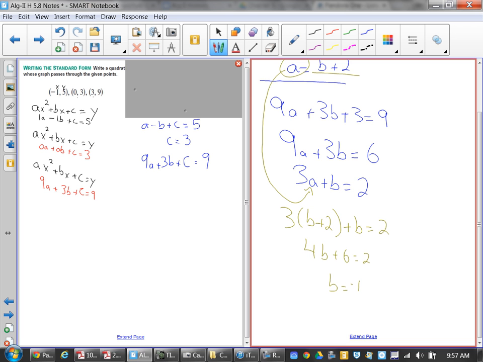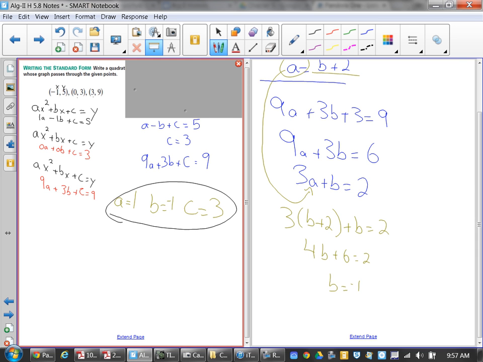So we know that C is 3, B is -1, A will become, well, what's -1 plus 2? 1. So now you have your coefficients for A, B, and C to put into your quadratic equation. And you get the answer, because your standard form of the equation has your A, B, and C.